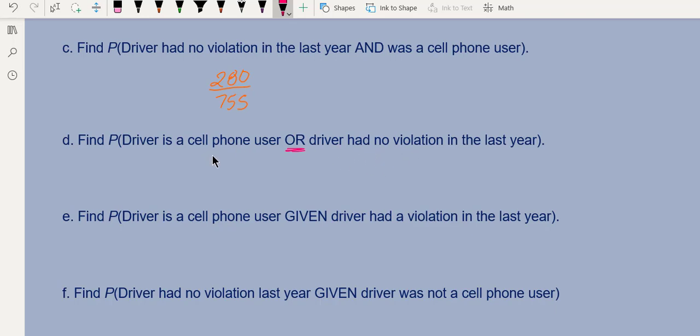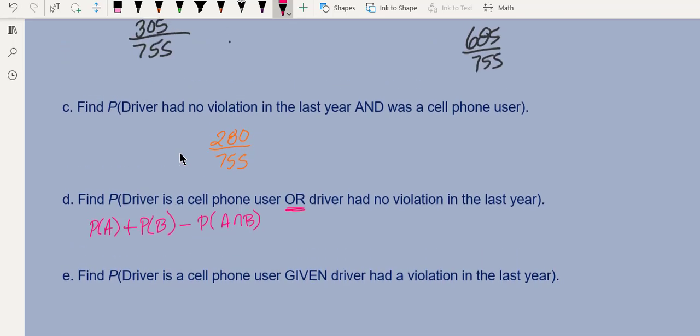Now, if you remember, dealing with "or" in probability means that we have to do the probability of A plus the probability of B minus the probability of A intersection B. I think we've done a lot of the work ahead of time. The probability of a driver that's a cell phone user was 305 out of 755.